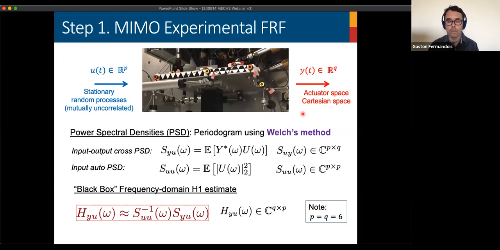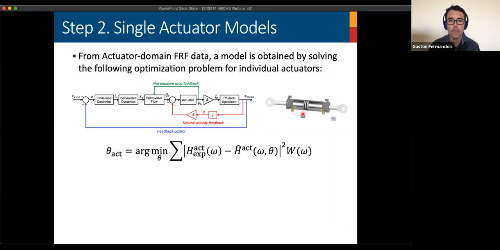input-output pairs. Then, using the experimental FRF in actuator space, we can curve fit this data through a model where basically we will have the experimental FRF and the model that we want to fit that is parameterized by parameters theta.